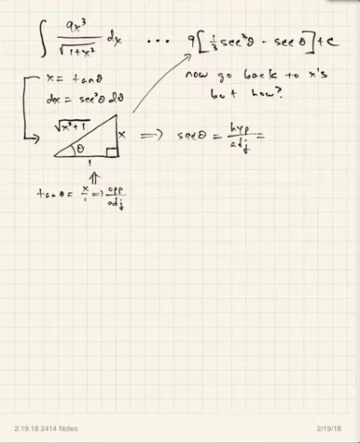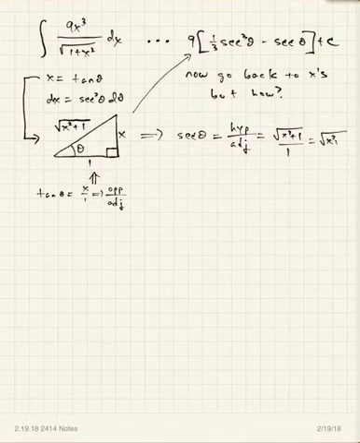And so the secant of theta would be the square root of x squared plus 1 from our triangle divided by 1, or just the square root of x squared plus 1. So what that tells us is we can go back to the trig expression we have at the top, and if we want to shift it back to x's, every place we see a secant, replace it with the square root of x squared plus 1.